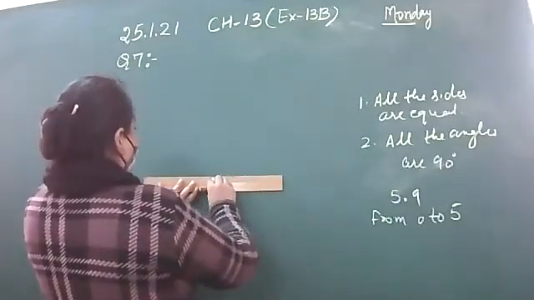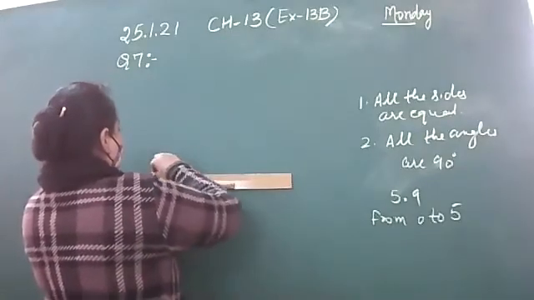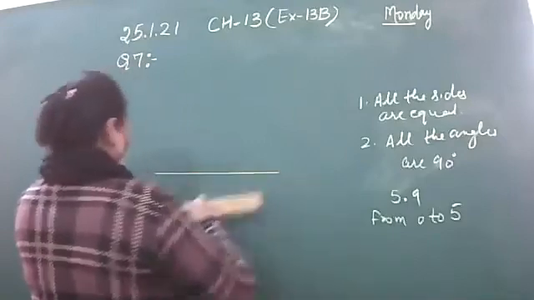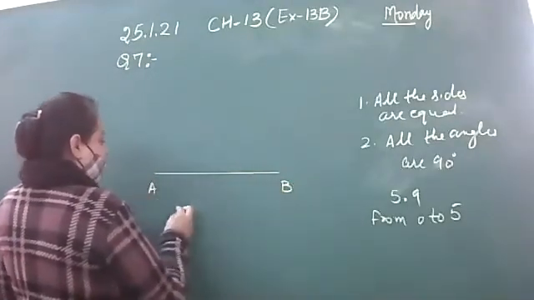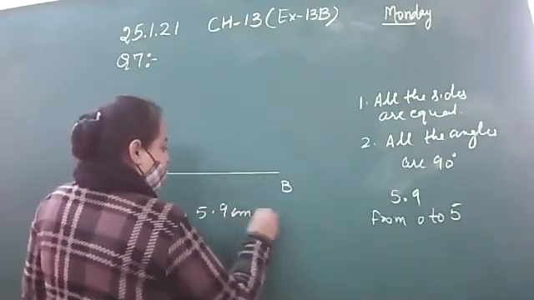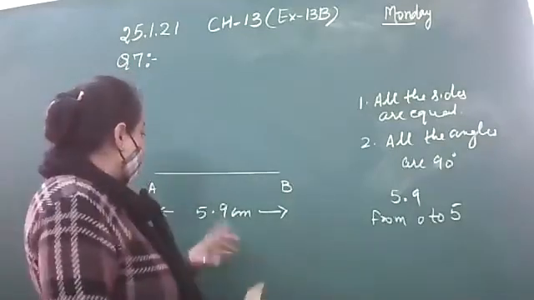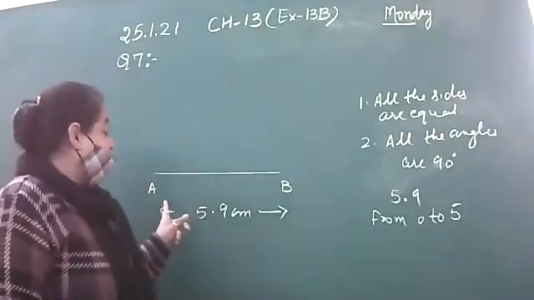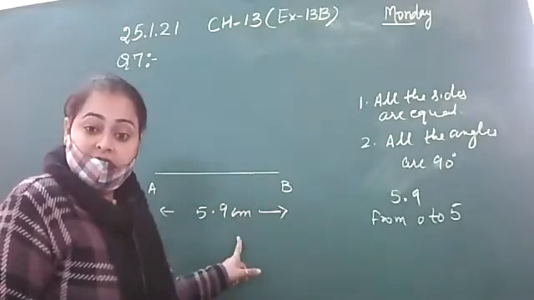This is the first step to construct a line segment of 5.9 centimeter. This is A, this is B, and this is 5.9 centimeter. It is very much compulsory to write A, B, and 5.9 centimeter.